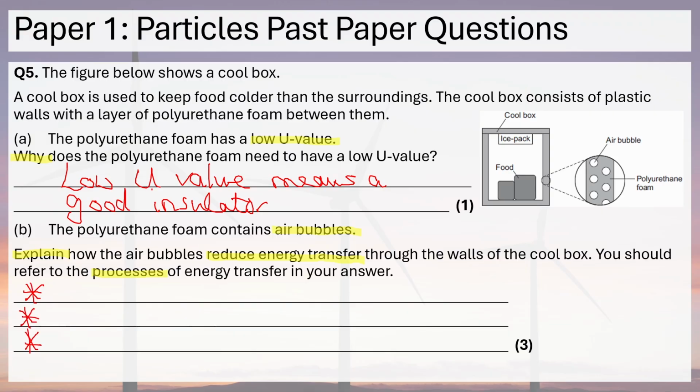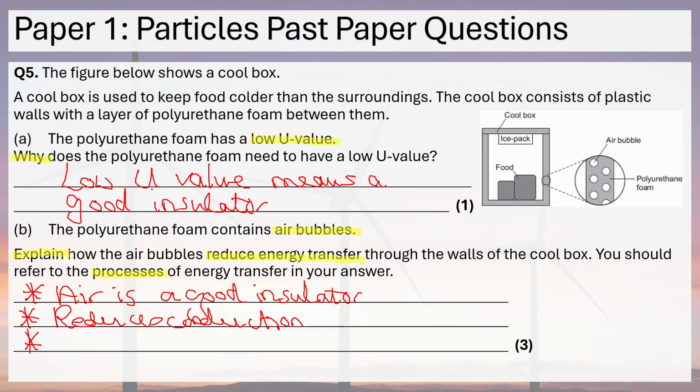So the first point I'm going to make is that air is a good insulator. So you do get a mark for just stating that. And then to make that answer extend to 3 marks, we can explain that it reduces conduction, because obviously conduction can't happen in a gas.